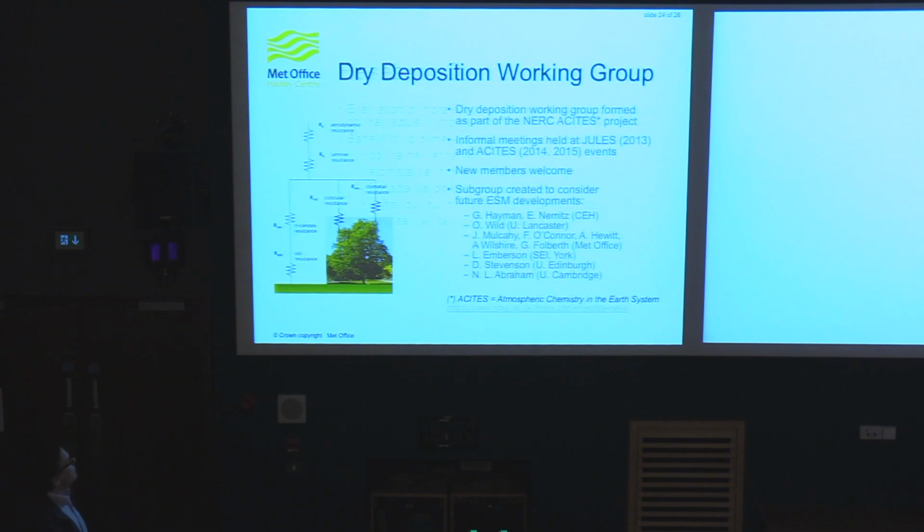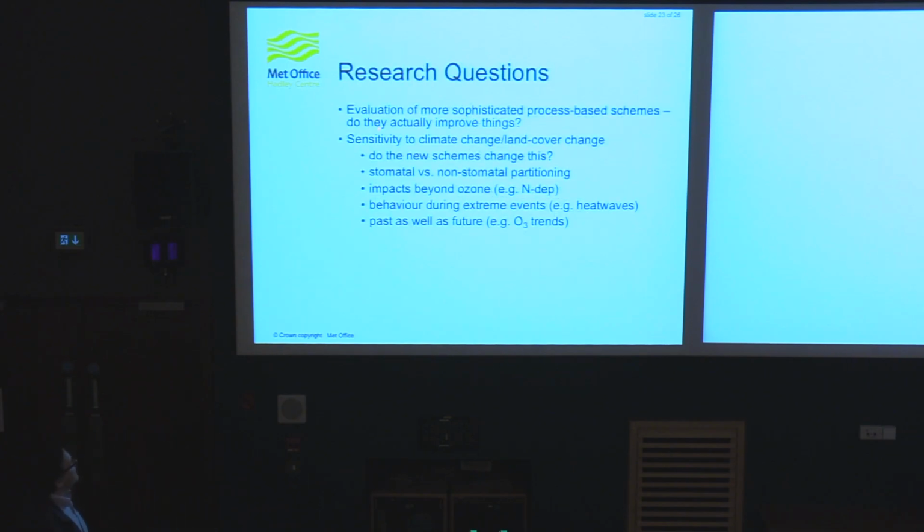And then, of course, we are interested in sensitivity of deposition to climate and to land cover change, but also of the climate and the land surface to deposition. As I mentioned before, ozone damage: how do the land surface and the ecosystems evolve into the future under an increasing or potentially increasing air quality issue.